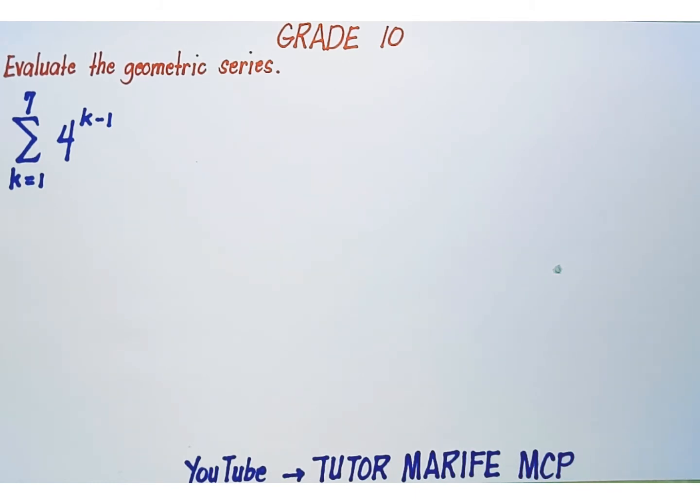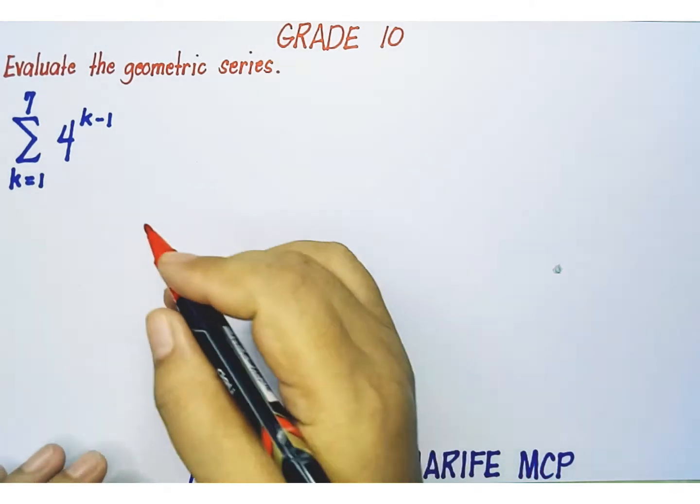So, start natin. Pag nag-i-evaluate ka ng geometric series, that means naghahanap ka ng geometric sum. So, gagamitin mo ulit dito ang formula ng finite sum of a geometric sequence. So, ano yon?